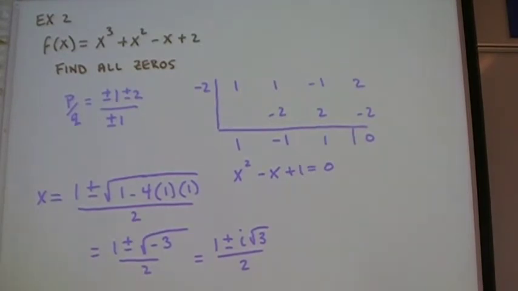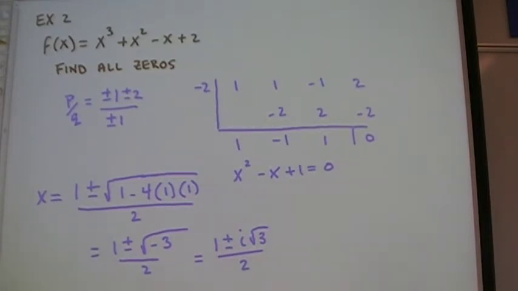F of x equals x cubed plus x squared minus x plus 2. It tells you to find all the zeros. We know there are going to be 3 of them, right? Yep, because it's cubic. You always start out with the possible rationals. Test those first. Is find all zeros the same as find all roots? Yes.